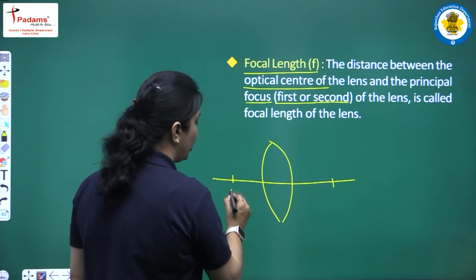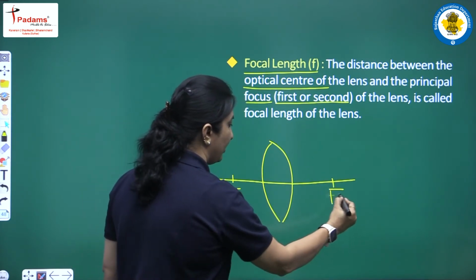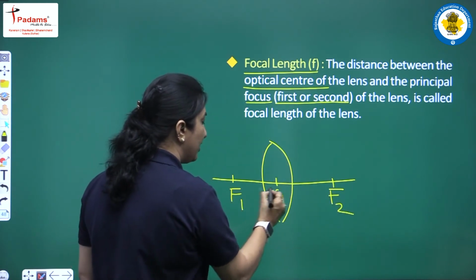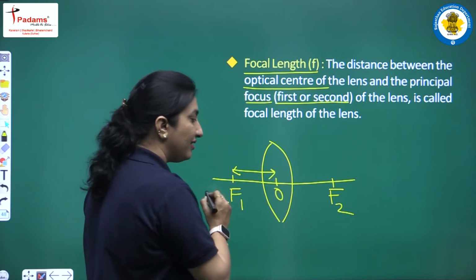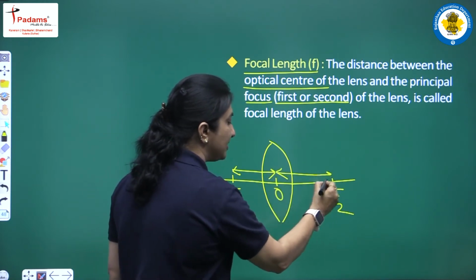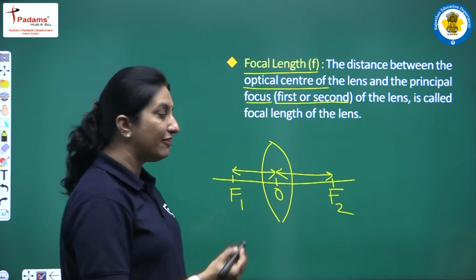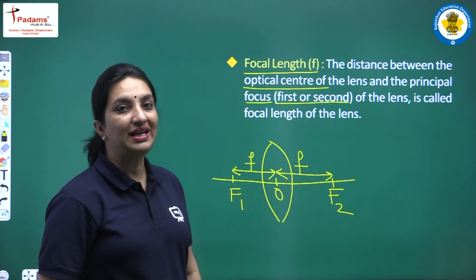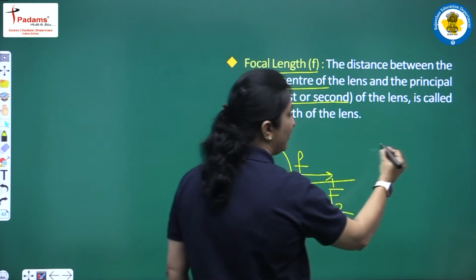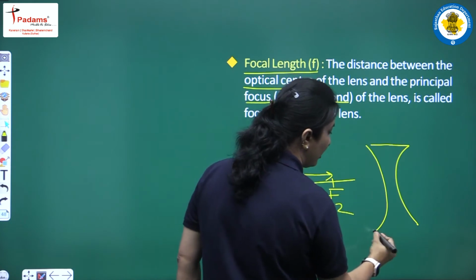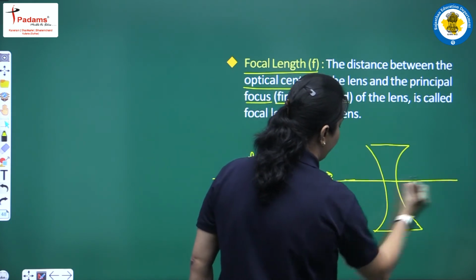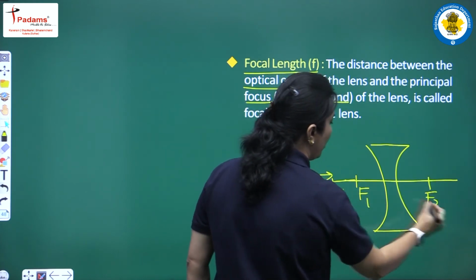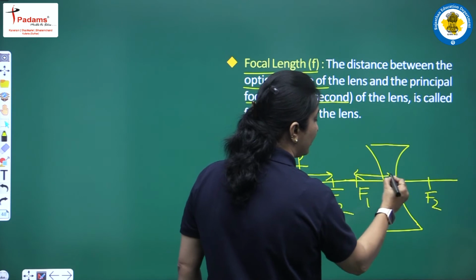If we have the two foci, say this is F1, this is F2, then the distance between the optical center and the first focus, or the distance between the optical center and the second focus, is known as the focal length, which is denoted by small f. Here again, for the case of a concave lens, we can again have two foci F1 and F2 and the distance between the optical center.